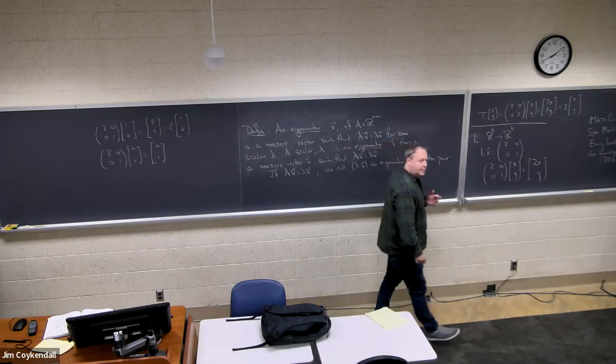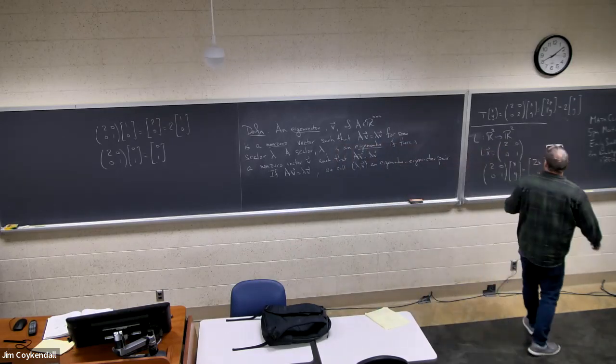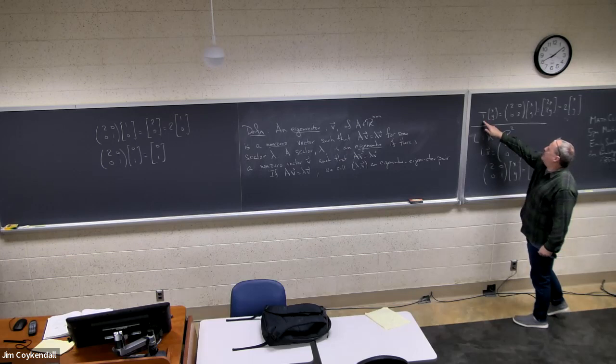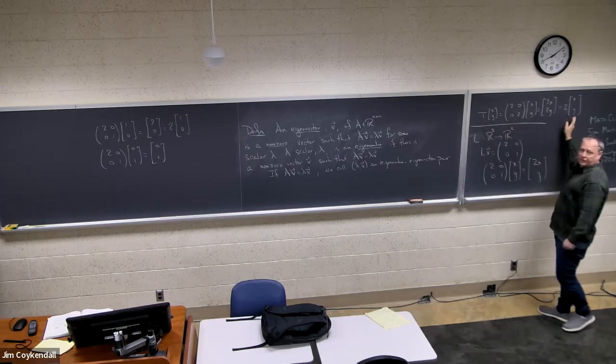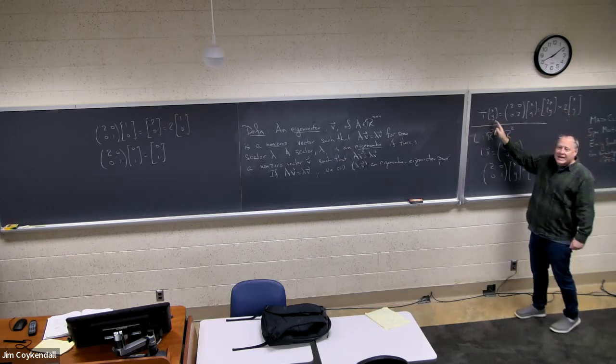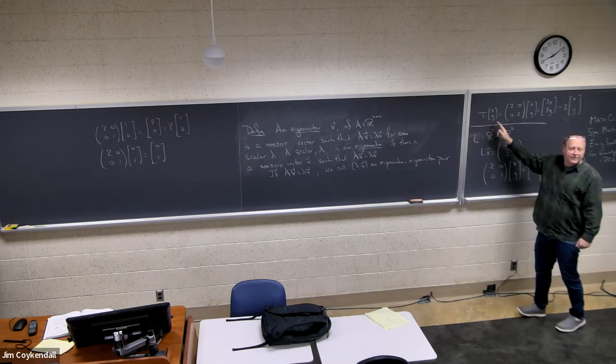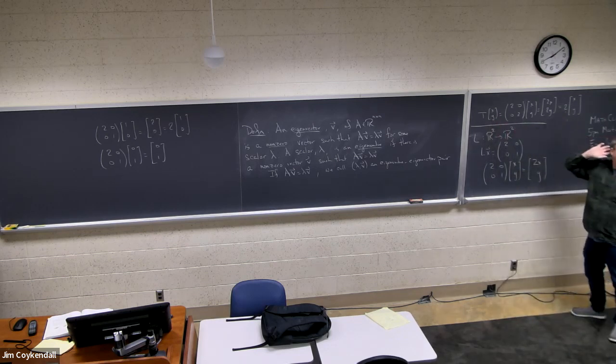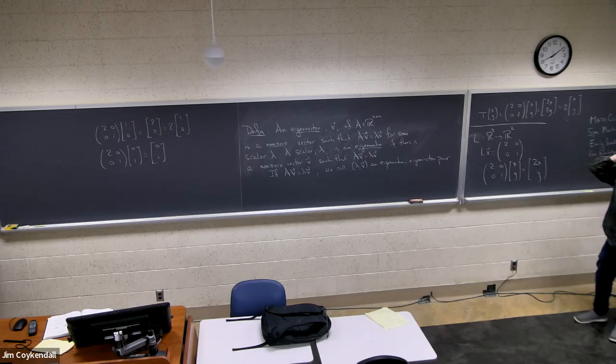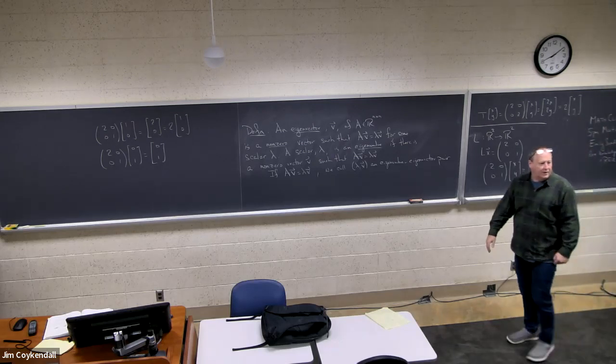So, for example, let's go back to this. T of this vector is twice this vector. That means any vector is an eigenvector for the eigenvalue 2. So 2 and any vector you like is an eigenvalue-eigenvector pair.